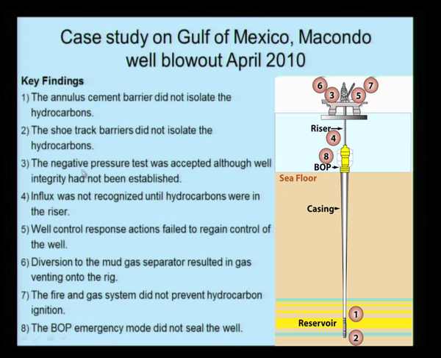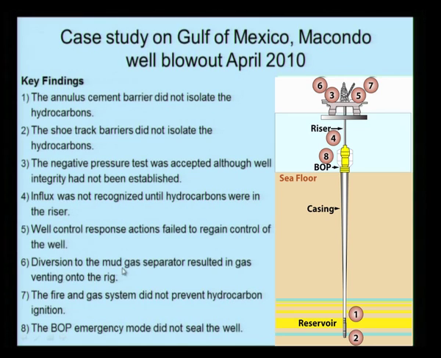Thirdly, and very interestingly, the negative pressure test which was carried out was accepted, although the well integrity was not established completely. The influx coming into the riser was not recognized until the hydrocarbons entered the riser. The well control response installed on top of the rig failed to regain control of the well. They were not effectively working at the time the blowout occurred in April 2010.